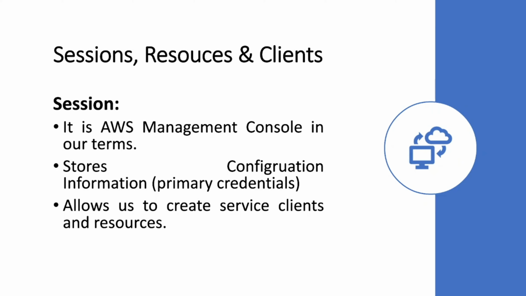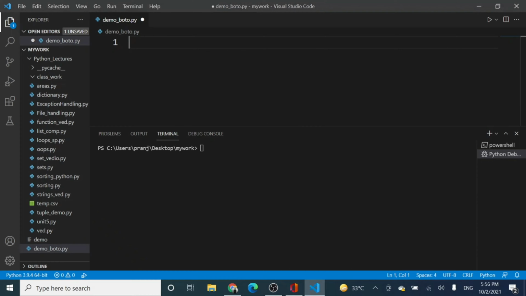So what a session in Boto3 means is the console GUI. Now let us go to our Python screen and understand the working of session, and we will be coming back to resources and client.